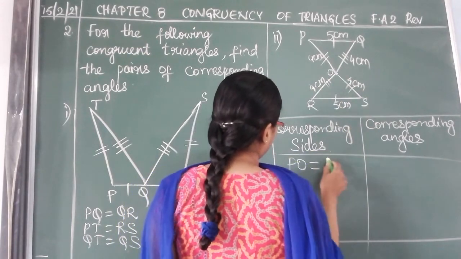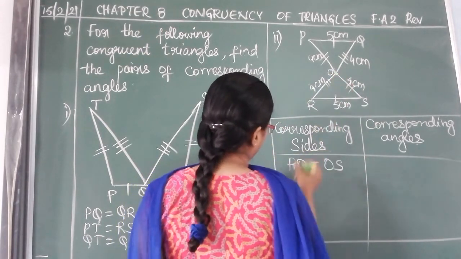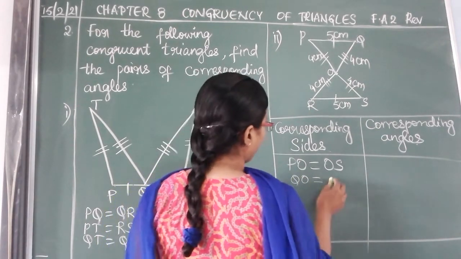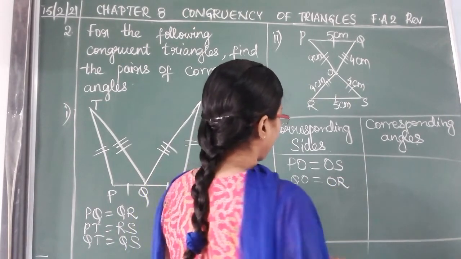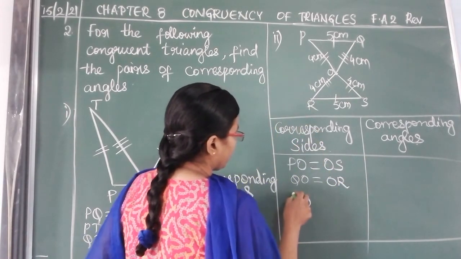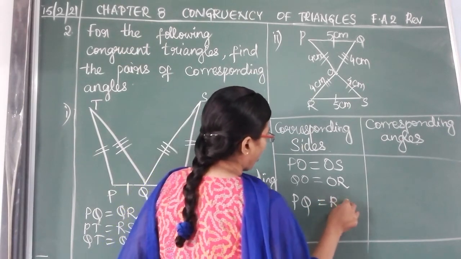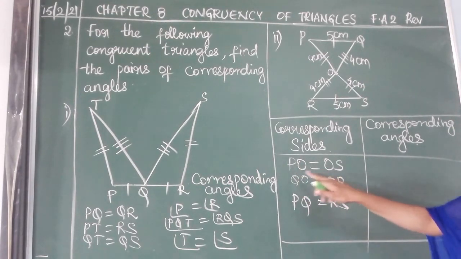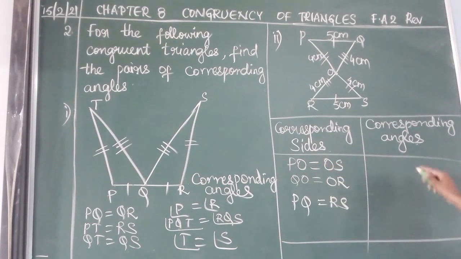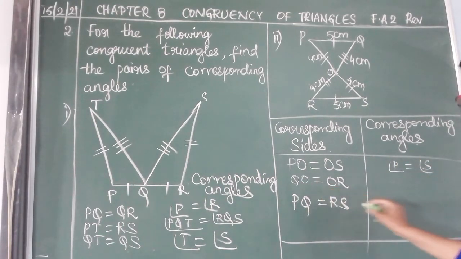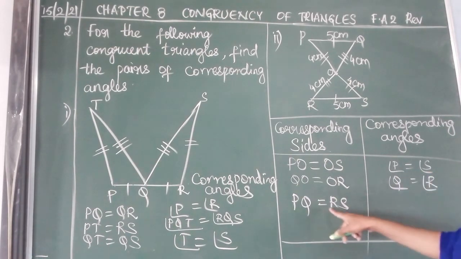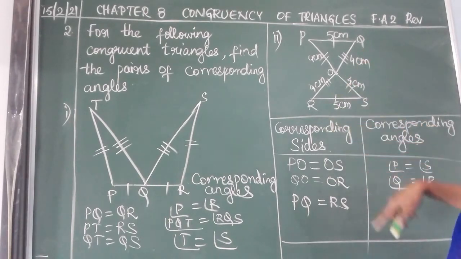Which is equal to OS, then QO, which is equal to OR, and then PQ is equal to RS. Now let us see here. You can see that the vertex O is common, so angle P is equal to angle S. And here O is common again, so angle Q is equal to angle R. Now PQ is equal to RS, nothing is common here.